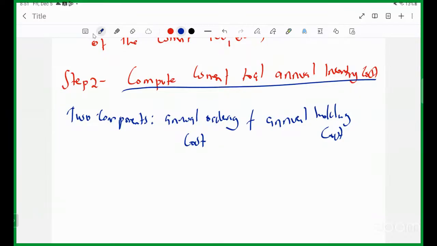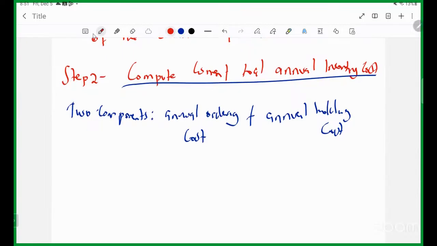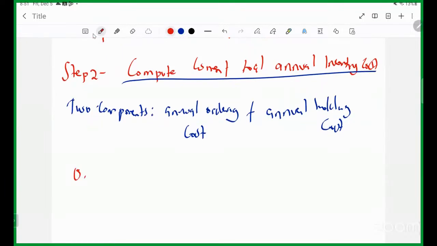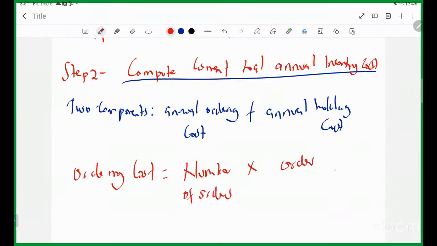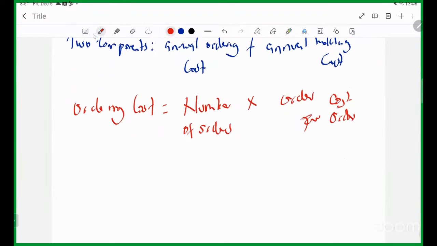So you know you are going to compute ordering cost. Ladies and gentlemen, how do you get the ordering cost? Ordering costs are equal to the number of orders times the ordering cost per order. How do you get the number of orders?